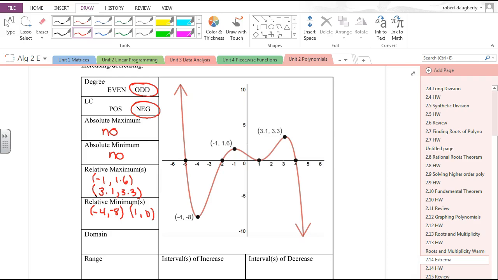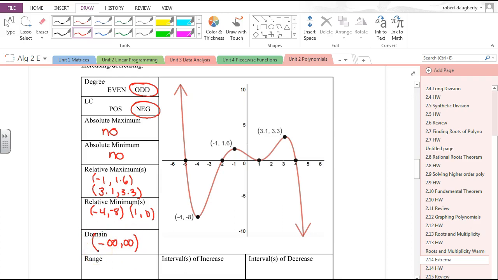Now, some things that I'm not going to spend a lot of time on because you learned them last semester. What's the domain of this function? The domain is the set of all what? X values, okay? So what are the X values on this polynomial? Yeah, -infinity to infinity. For all polynomials, the domain is -infinity to infinity.